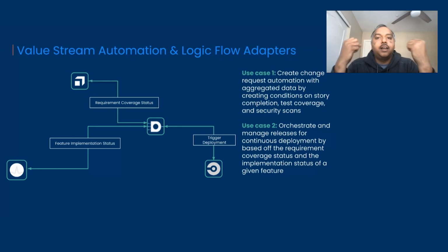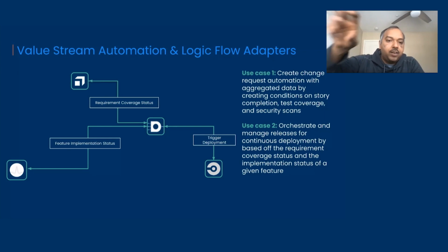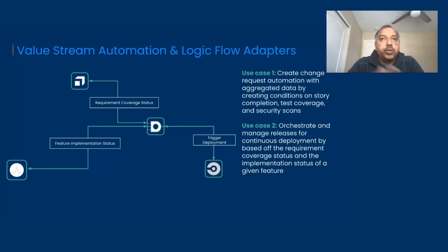So that's governance that you want to enforce, right? Only deploy my artifact using Circle CI when the testing is done, when the feature implementation is complete. So you will use logic gate adapters to pull the data, to aggregate that information, and enforce the compliance of your business logic within your value stream.